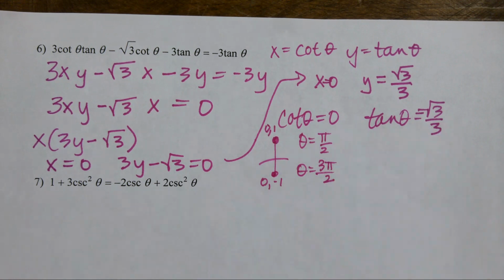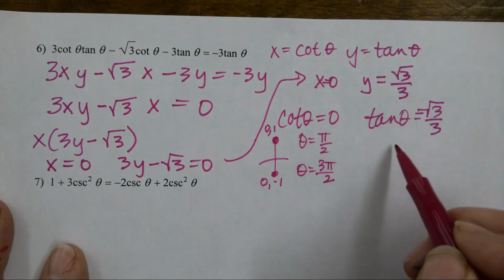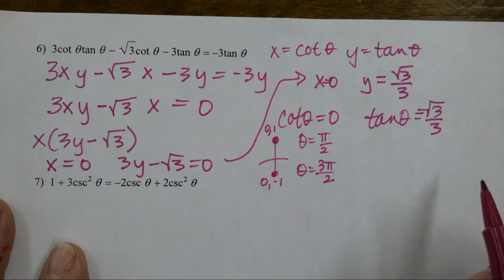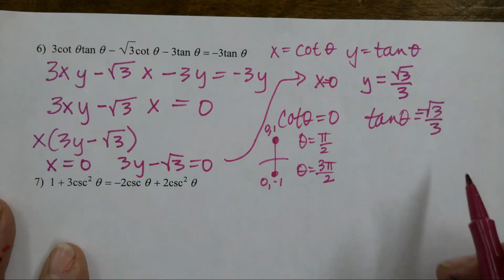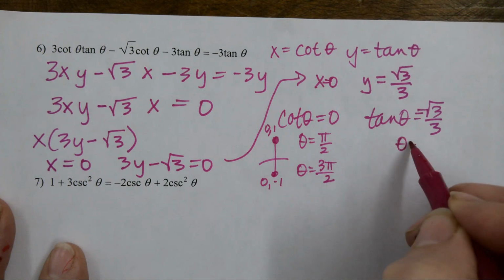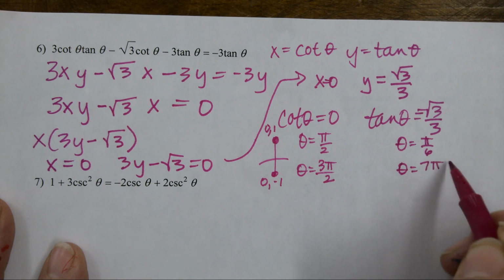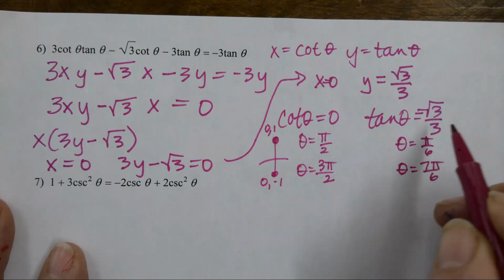When is the tangent the square root of 3 over 3? Pi over 6. Nice job. When is the tangent positive? First and third. So this is pi over 6 and 7 pi over 6. Is it negative?